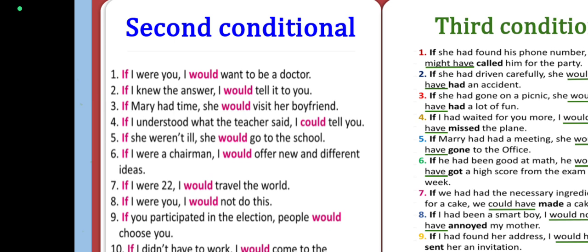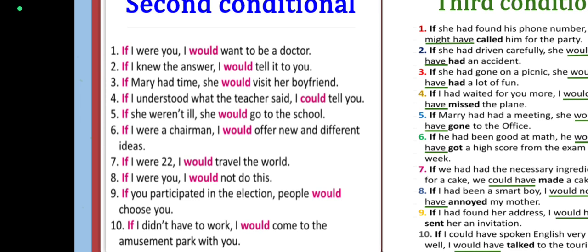If she weren't ill, she would go to the school. That's good. Students, be careful with this one. We can also use any other modal verb in past form. For example, could and might. Okay? And it will be correct. That's great. Great job, Andrea.